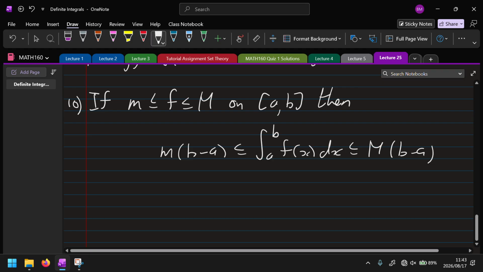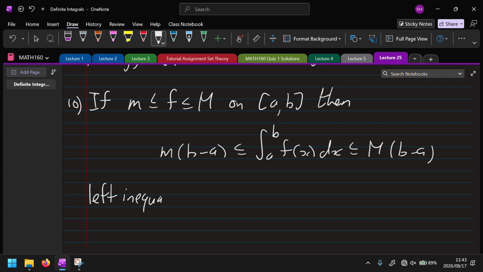Okay, so let's look at the left inequality. So what do we have for the left inequality? Starting from the beginning there, we know that little m is less than or equal to f.